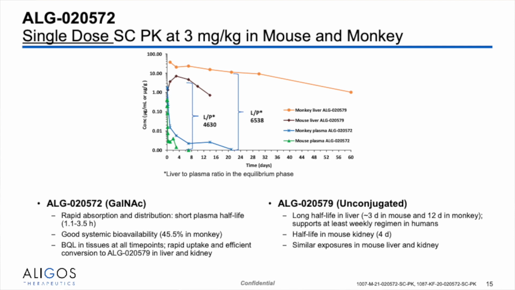We also did some experiments where we dosed the ASO that was not conjugated, and also saw that we had similar exposures in the liver and kidney, but not as high as the GalNAc conjugation. So clearly that was working to get it into the liver.